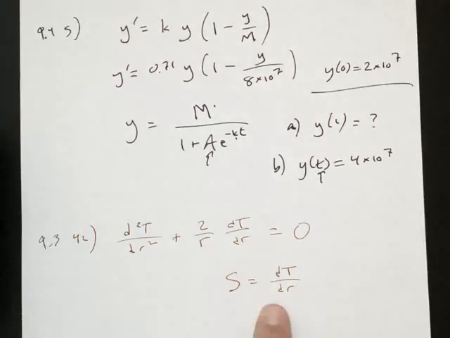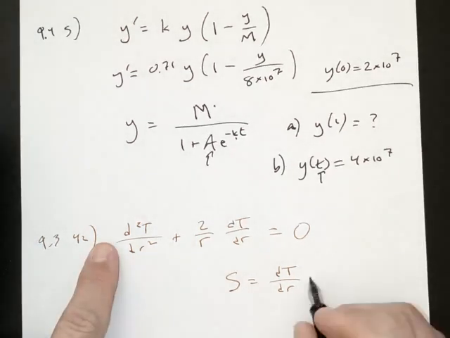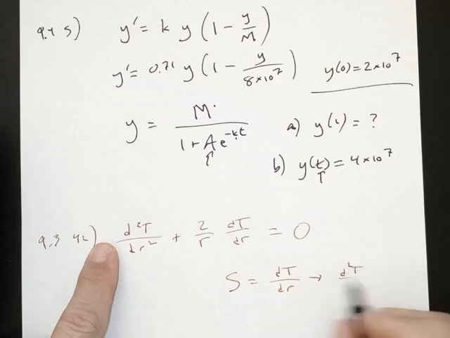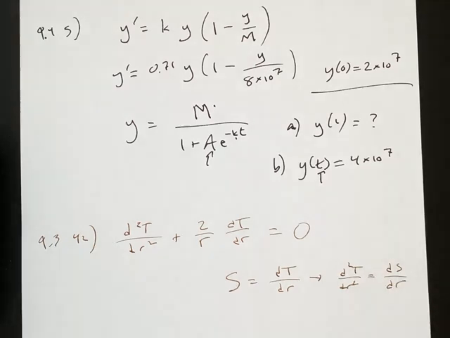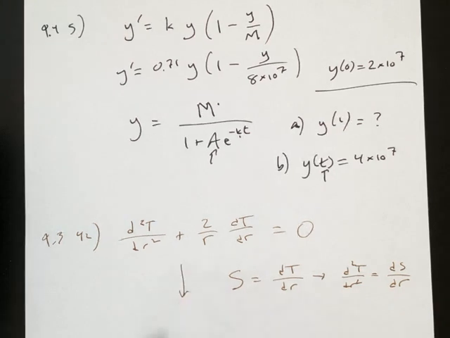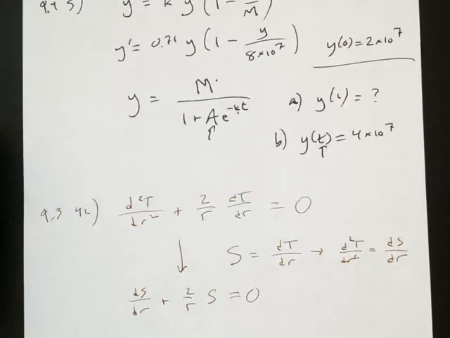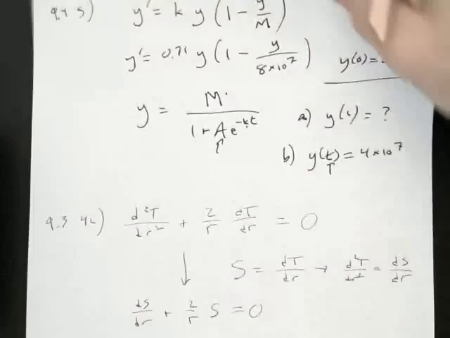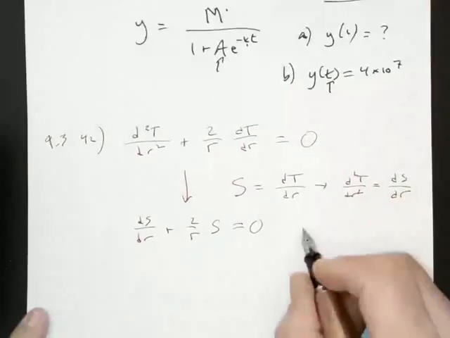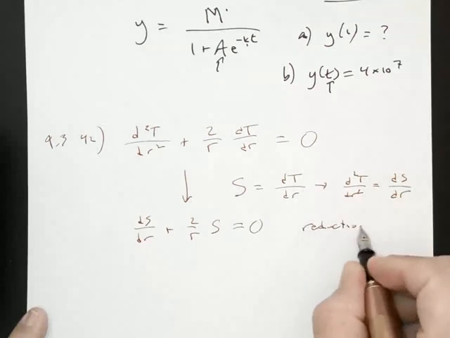Well, if this is my first derivative, then this is the derivative of S with respect to R. So what I've just done is I've taken a second order differential equation and I've made it into a first order differential equation. This trick, I hope is not a surprising name, is called reduction of order.